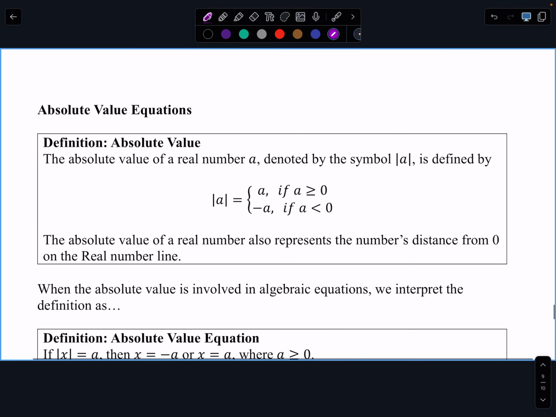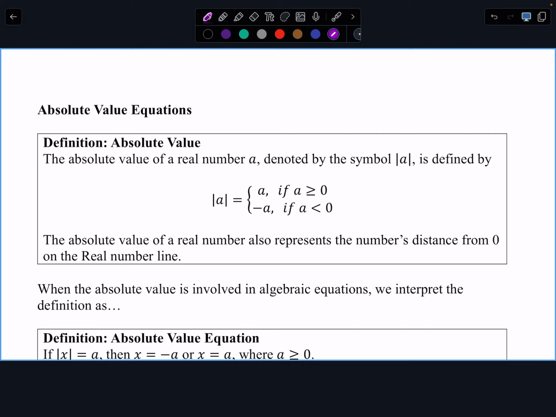All right, then let's talk absolute value equations, which is the last type of equation that we're going to look at in section 0.3. So, one of the definitions of the absolute value of a real number A, represented by the symbol with the vertical bars and A inside, is that the absolute value of A is equal to itself if A is greater than or equal to 0, or is the opposite of A if A is less than 0.